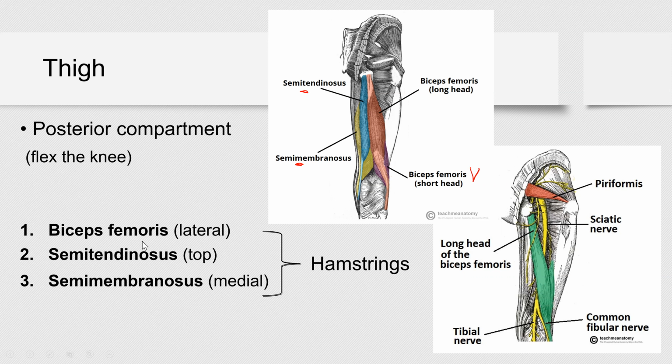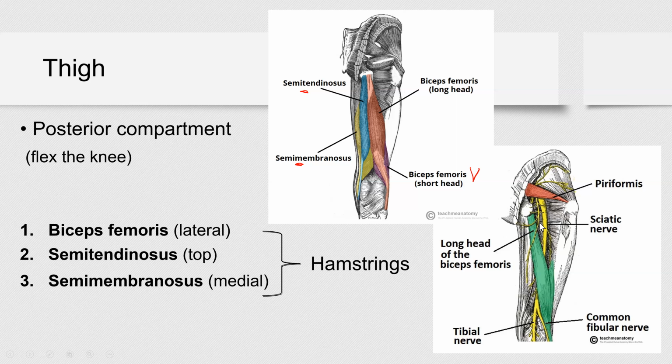Now biceps femoris, that is lateral, semitendinosus on top and semimembranosus medial make a group of muscles that we call hamstrings. And you can see also a very important structure over here, such as sciatic nerve, right? So sciatic nerve is found under the gluteus maximus, right?